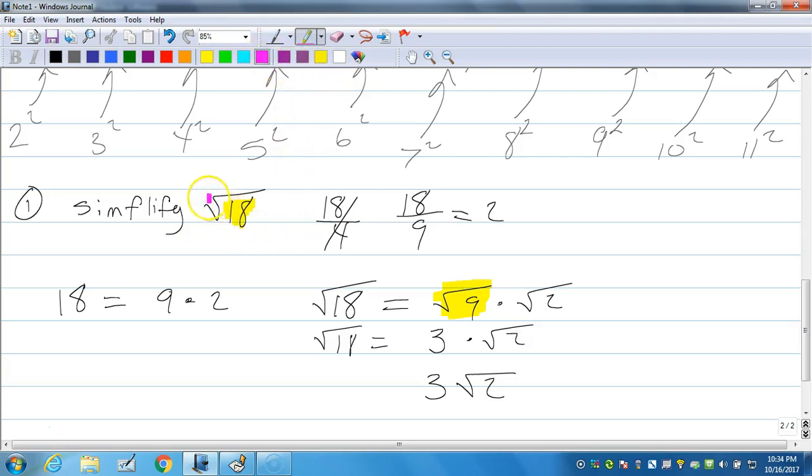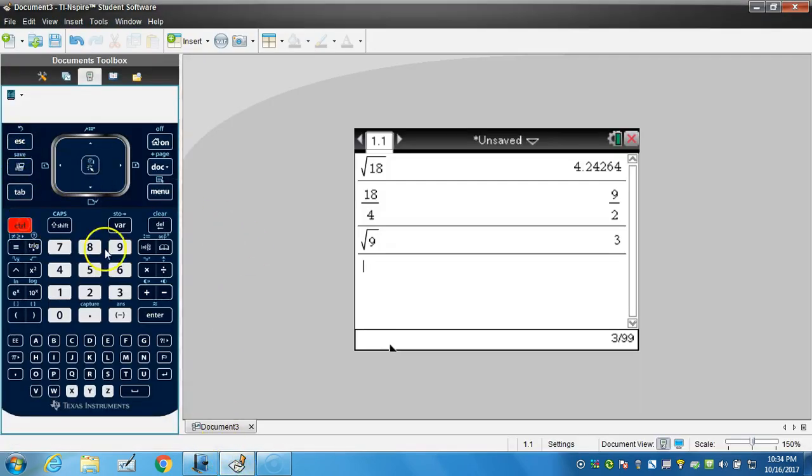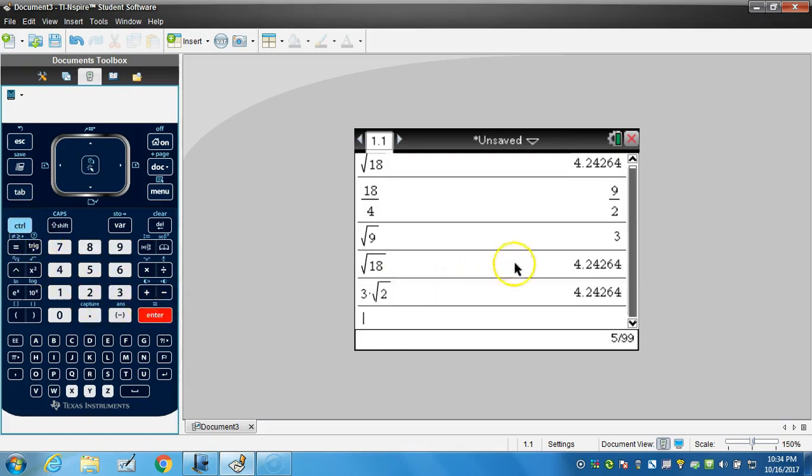So the square root of 18 is 3 square root 2. It's the same thing. The square root of 18 and 3 square root 2, they're the same thing, 4.24264. You see how they're the exact same thing?